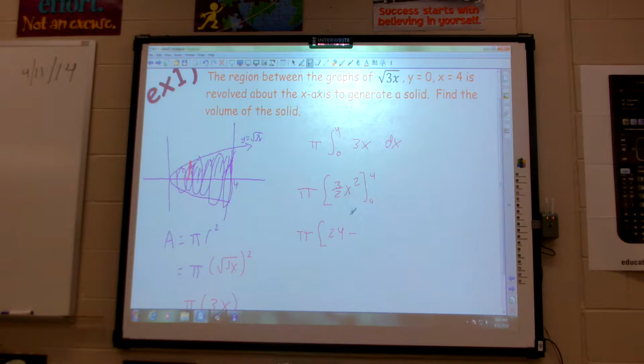Did you do 8? Yeah, I did. Mine's 0. So I end up getting 24 pi. Once again, this is volume, so it better not be negative. You definitely cannot have a negative volume. You messed up if you have a negative number. Questions?